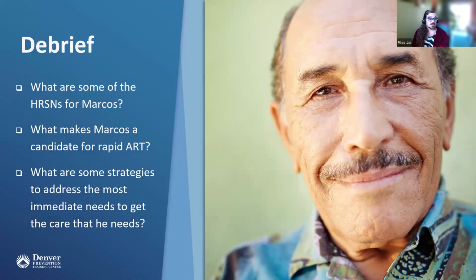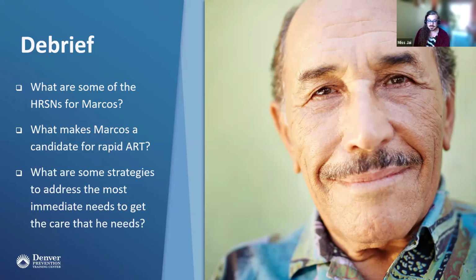All right. So we're going to go through a couple of these, some possible things that you may have written down. So, what are some of the HRSNs for Marcos? Some possible HRSNs are the language barrier, being predominantly a Spanish speaker and understanding some English, but maybe not medical English, and that potentially impacting health literacy, a lack of transportation, having an unsupportive partner, and we would also say potentially some domestic violence or intimate partner violence as well.